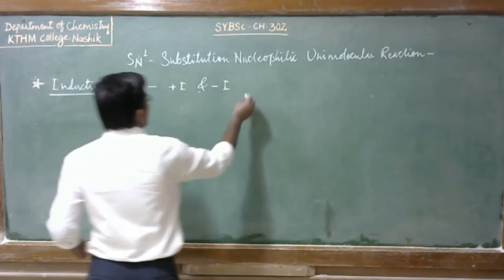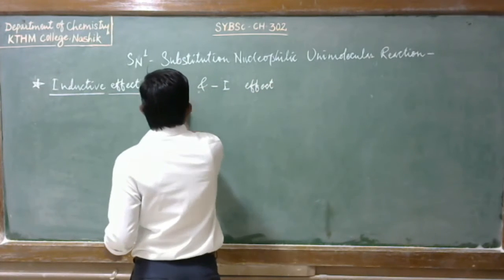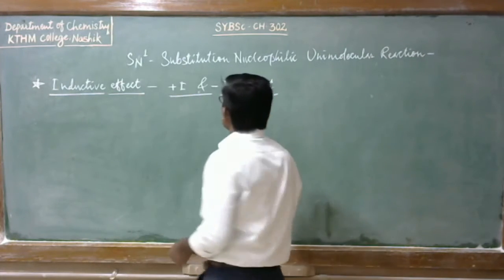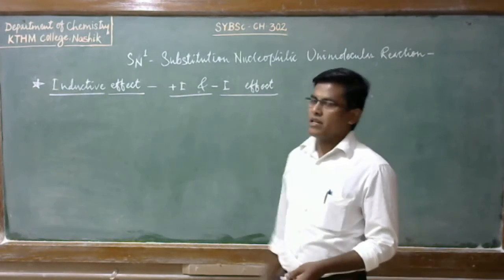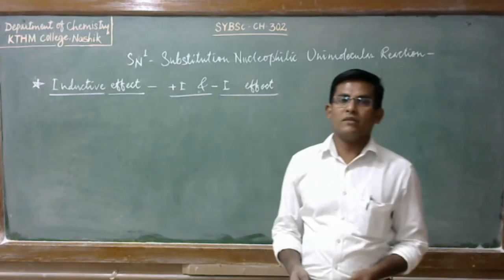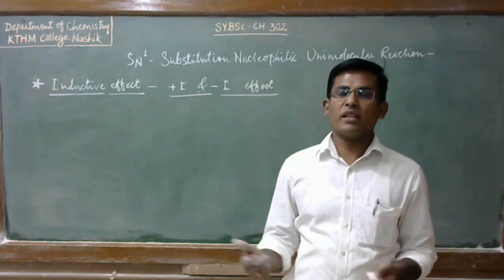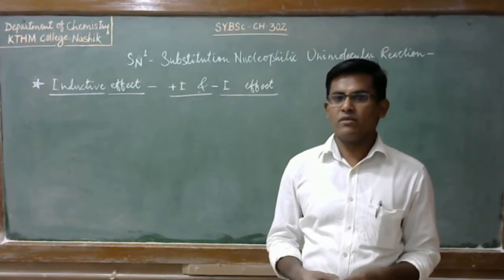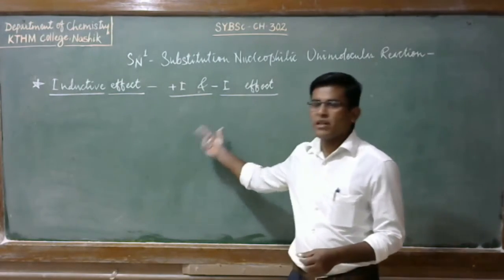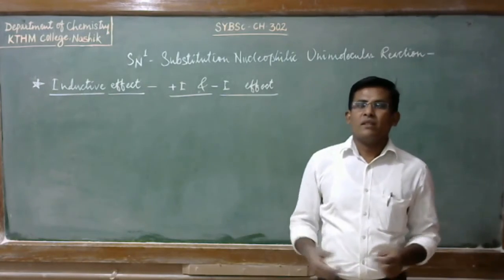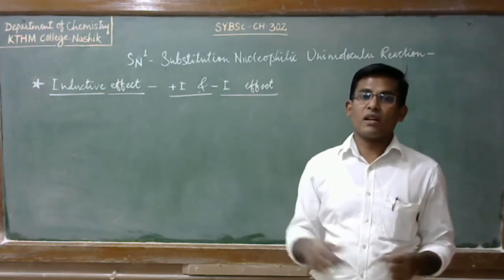Alright. So this is the eccentric tendency of the substituents of donating or withdrawing electrons. So this effect weakens as the distance from the carbocation increases.